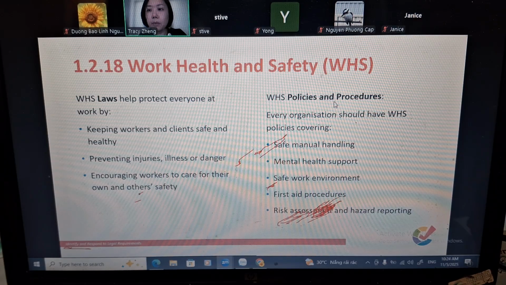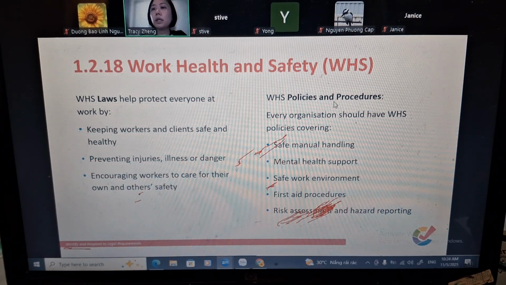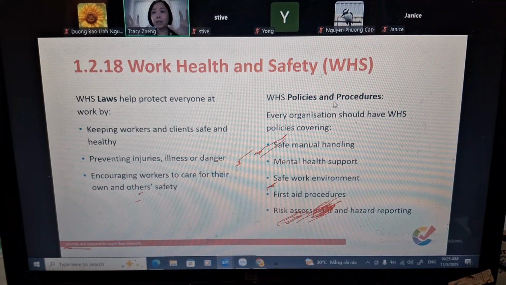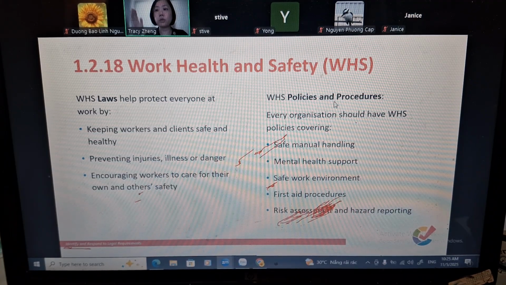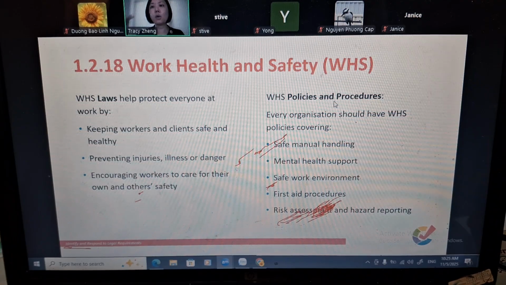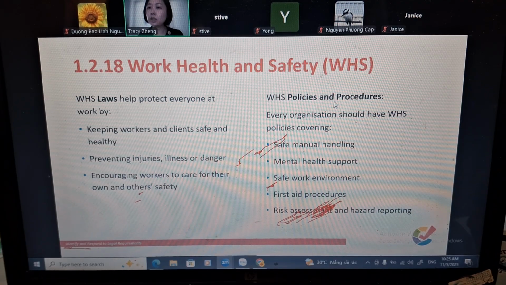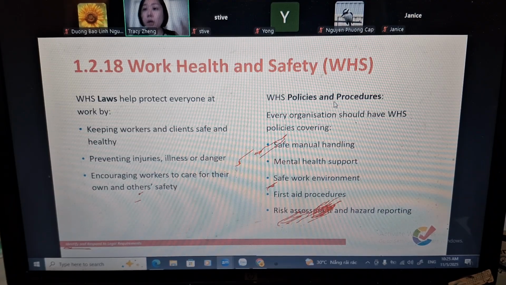So the government's legislation gives you the specs and tells you your role and responsibility as a manager, as a support worker, or as an aged care worker working in this industry, what you need to follow. But the organization's policy or procedure lists every single requirement and step for all staff to follow, right? The policy is developed according to and aligned with the legislation for sure.